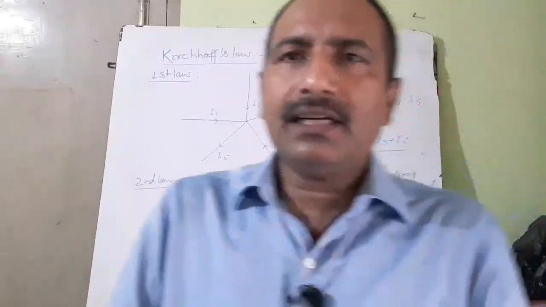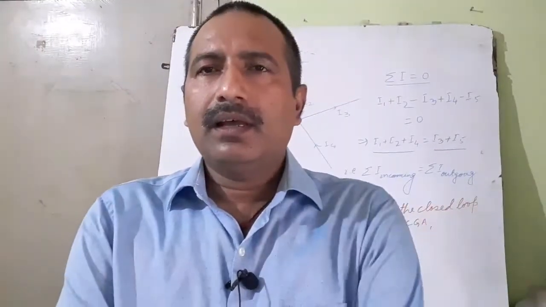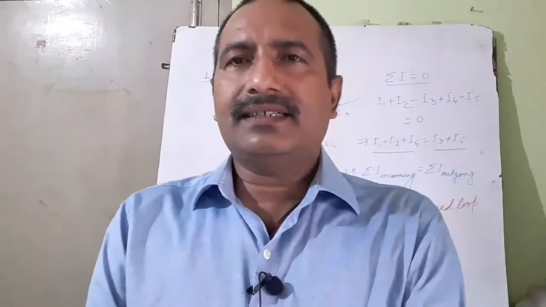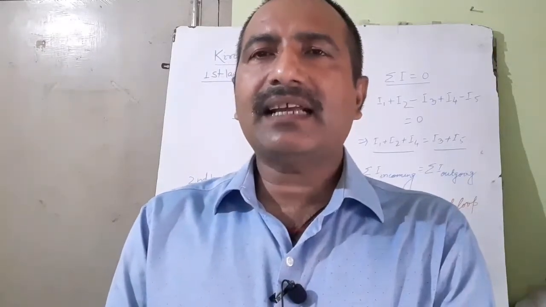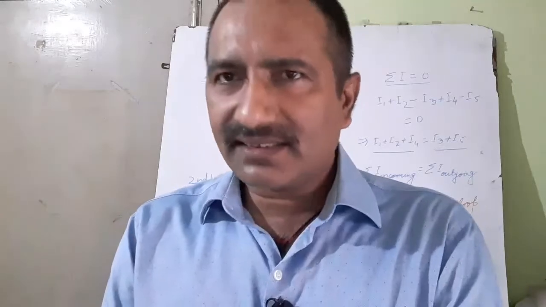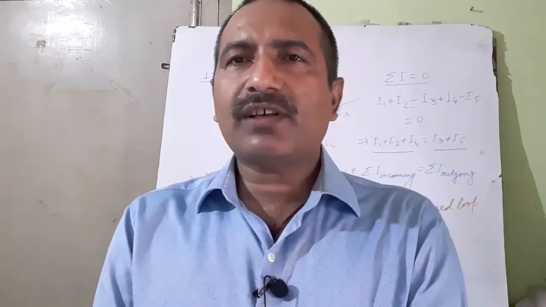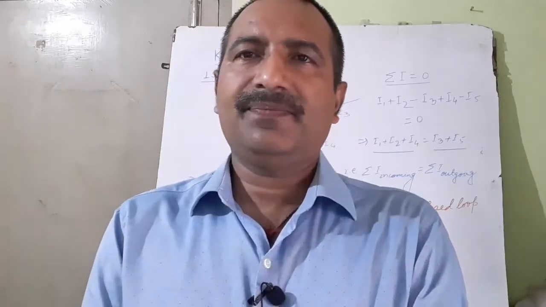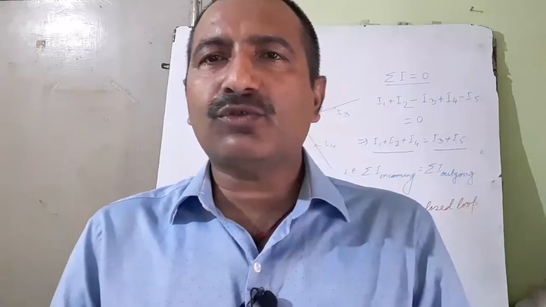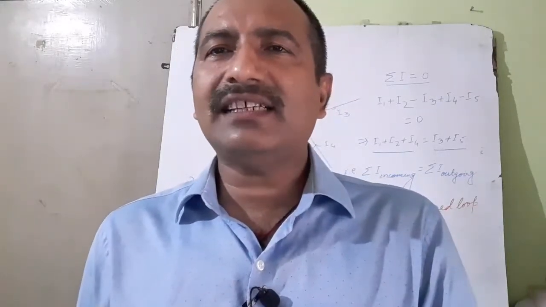One way to use the convention is: the current is passing through a component, and every component has some resistance. So a potential difference will be there across each and every component connected in the circuit, and the potential difference is equal to current into resistance, means V is equal to I into R.